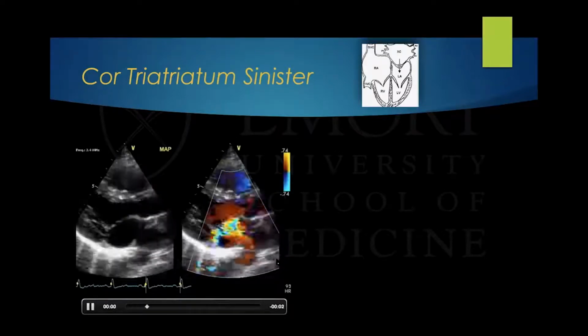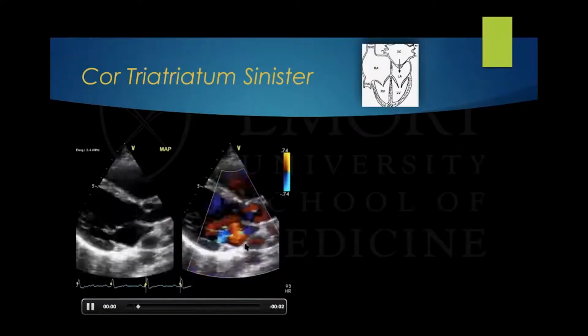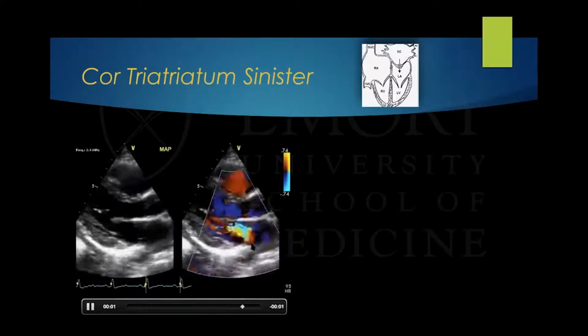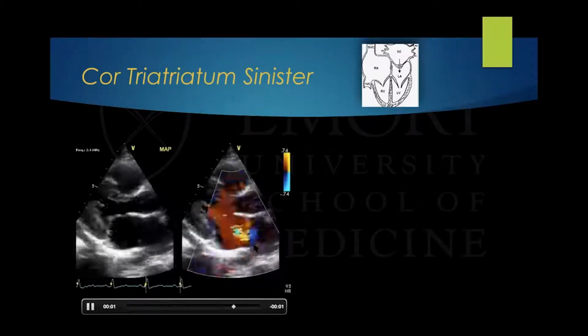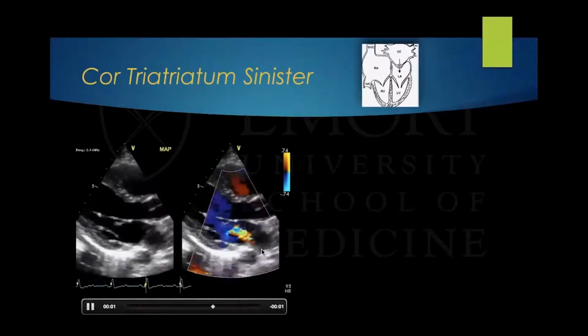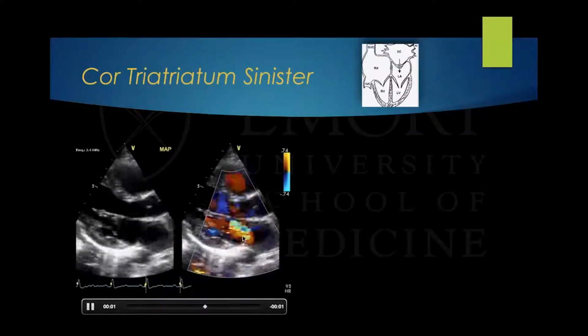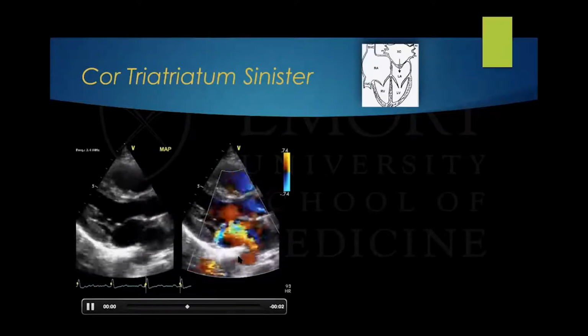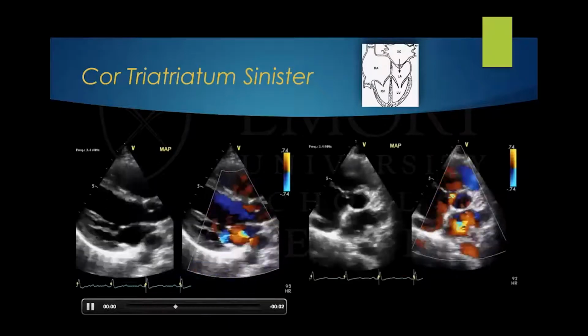The color flow will determine where the defect is within the atrium. And there is definitely an obstruction mimicking mitral stenosis. So the pulmonary veins will drain here and then obstruct flow and then leading out to the distal part of the left atrium.